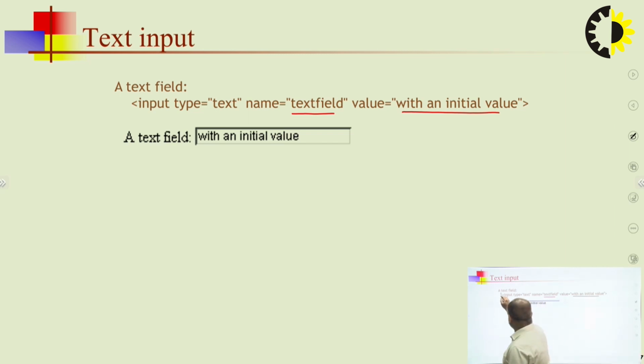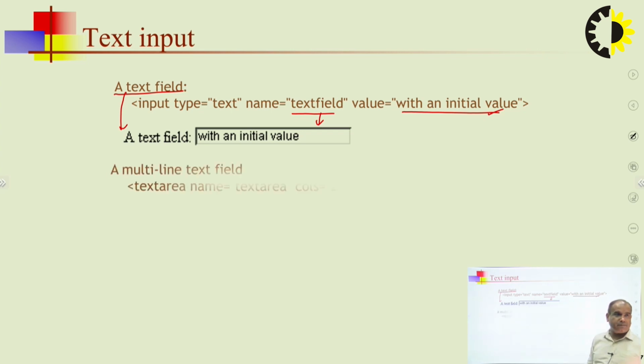Here a text field appears, a complete text box. The name of this text box is text field, and the default value which will be written in the text field will be the initial value which we are going to provide here.